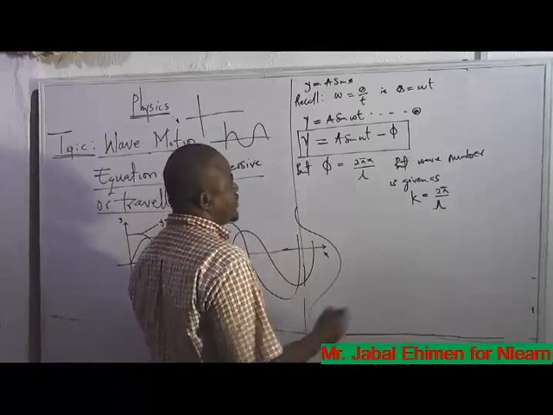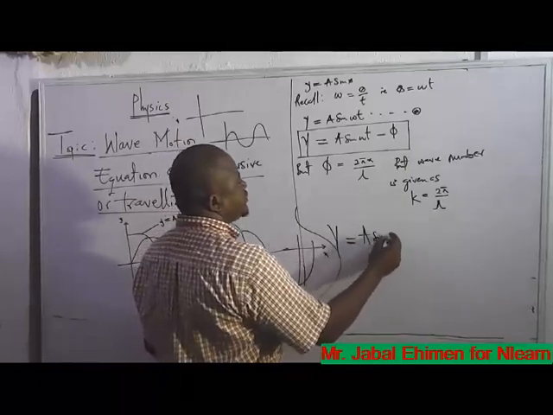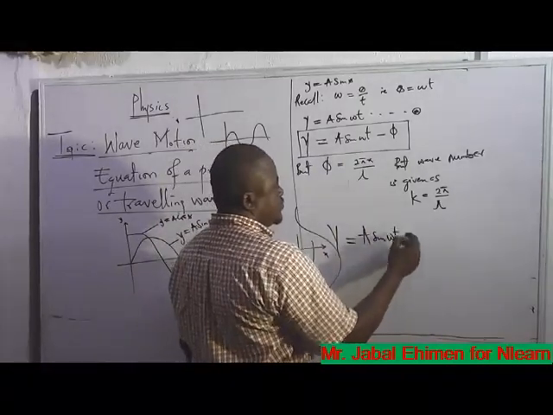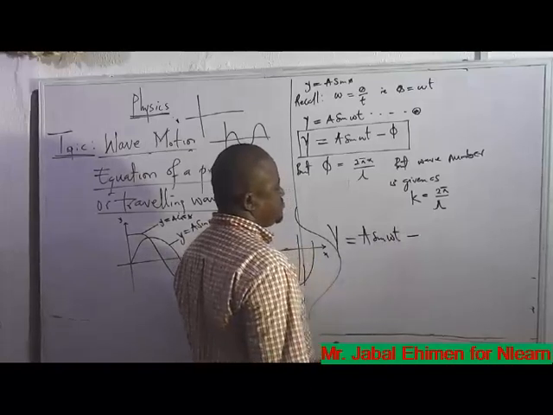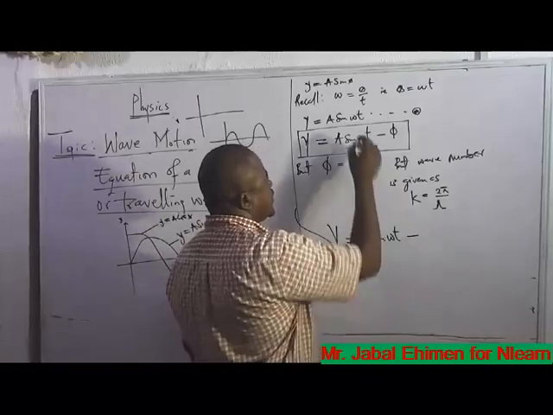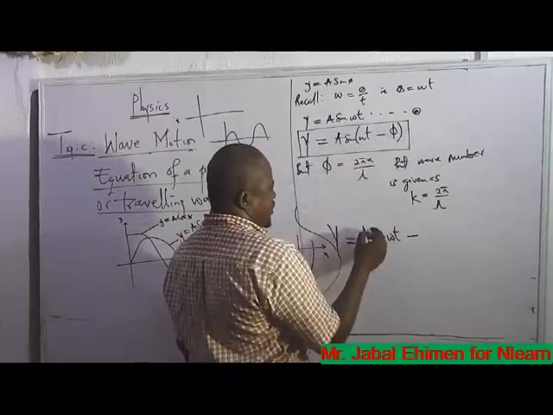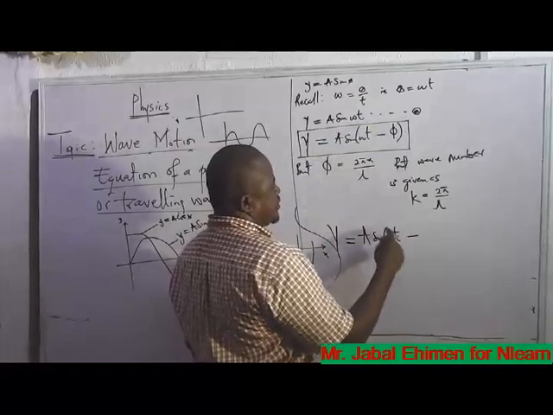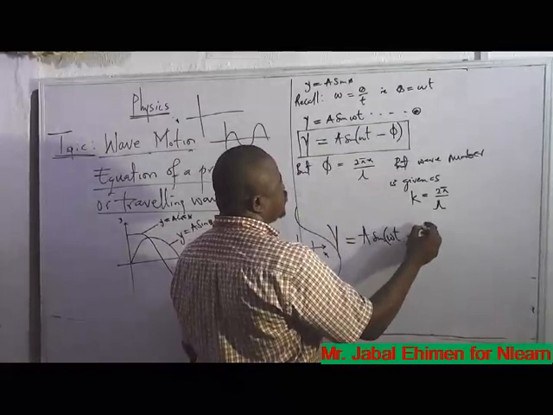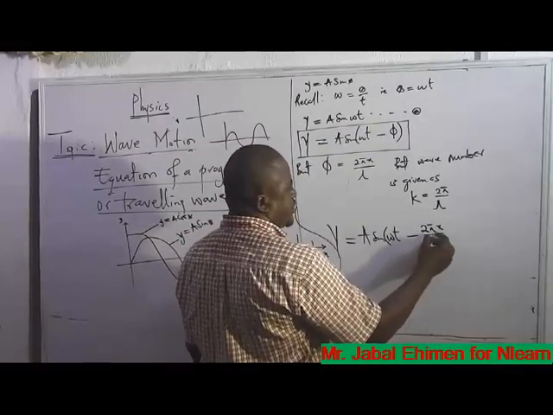If that's the case, I can say that y is equals to A sine (Wt minus 2 pi x over lambda).